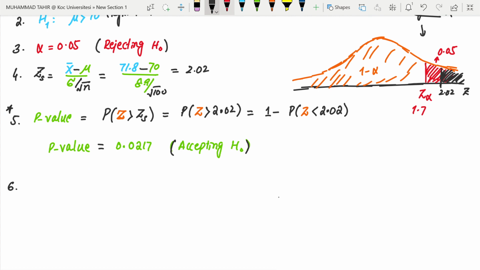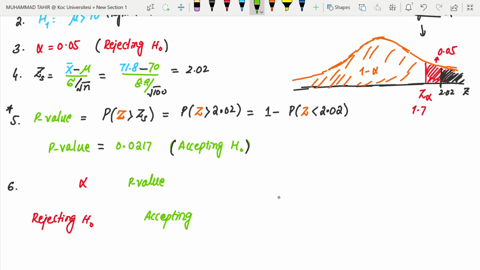We compare alpha with the p-value. So we compare the probability of rejecting H0 with the probability of accepting H0, and then we decide.